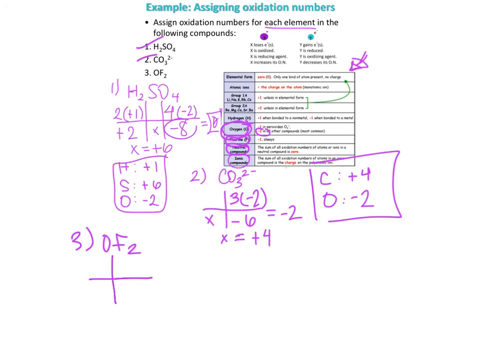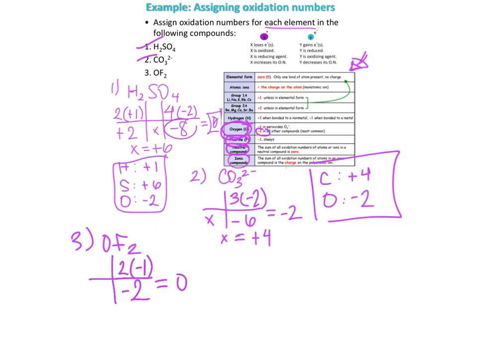So we know this is a neutral compound. Always start with that, and then go to each atom. So for sure, we know that fluorine is always -1. So we have 2, this is -2. In order for this to cancel out, oxygen has to be our unknown here.